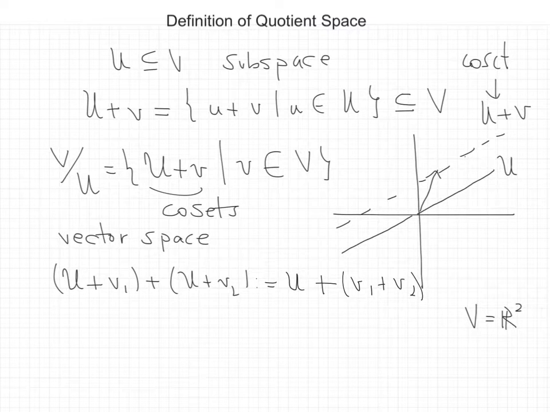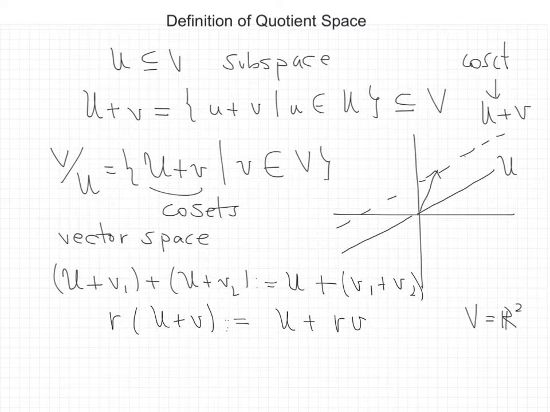And I define the multiplication of a scalar by such a coset by multiplying the vector v by the scalar r and taking the corresponding coset.